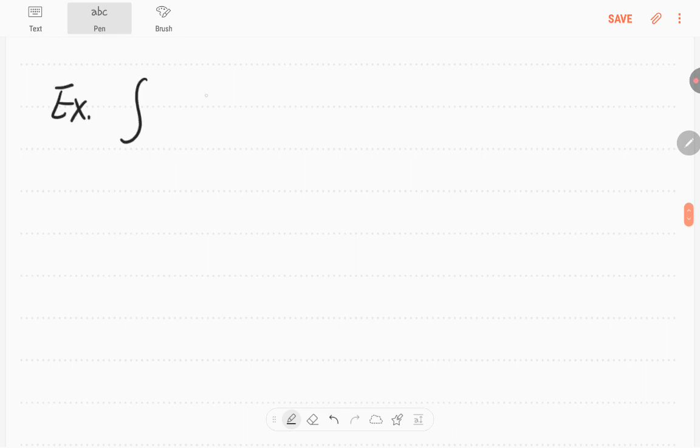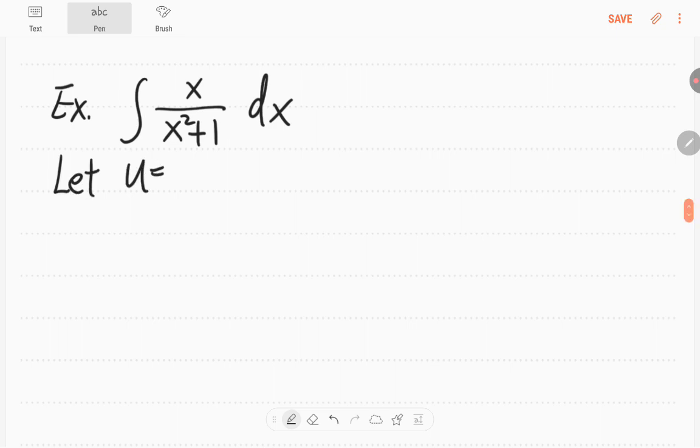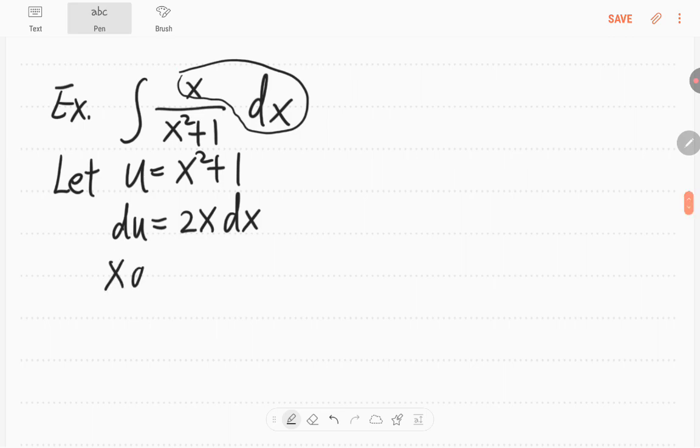Now let's look at this example: the integral of x over x squared plus 1 dx. In general, we always choose u to be the complicated part, so here u is x squared plus 1. So du is equal to the derivative of x squared plus 1, which would be 2x dx. But we have no 2, we only have x and dx, so x times dx equals 1/2 du.